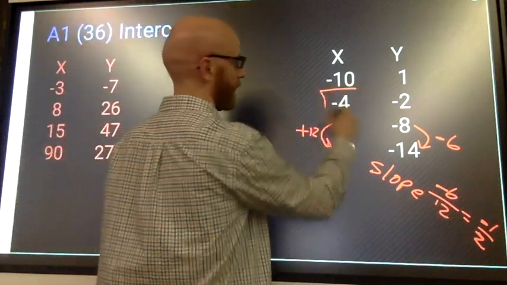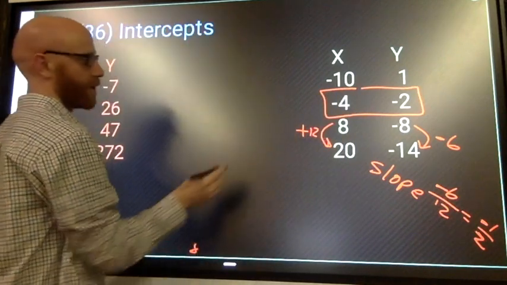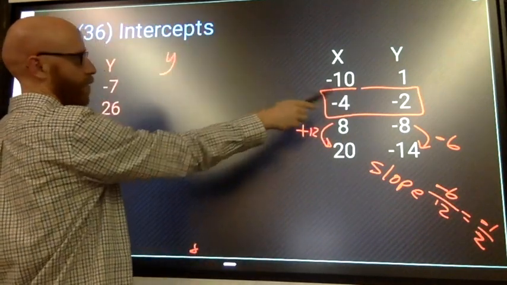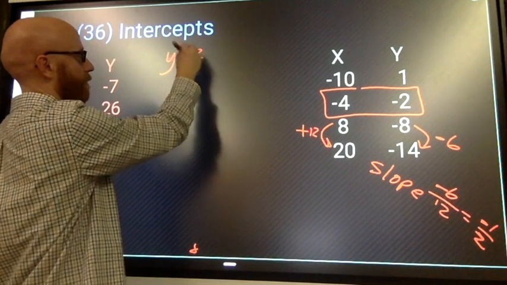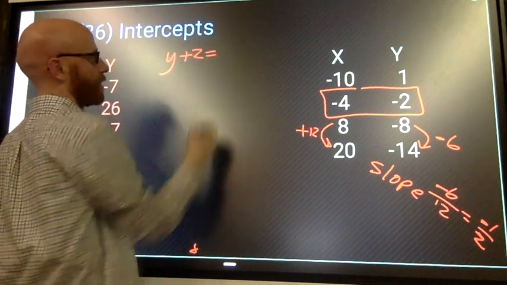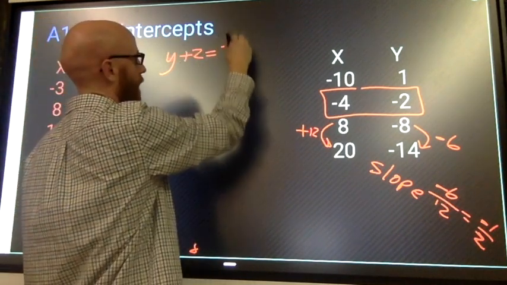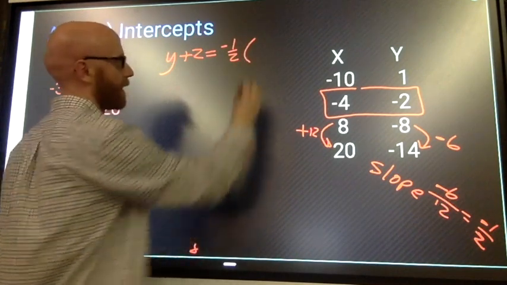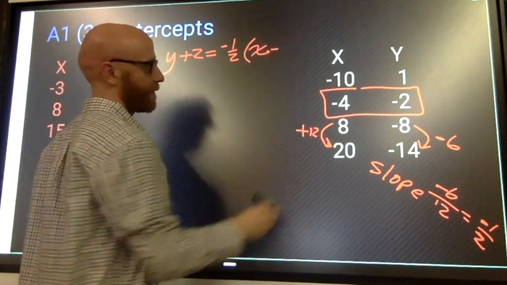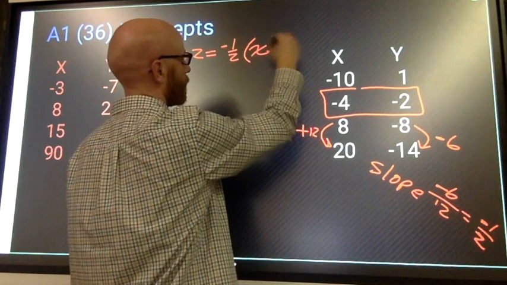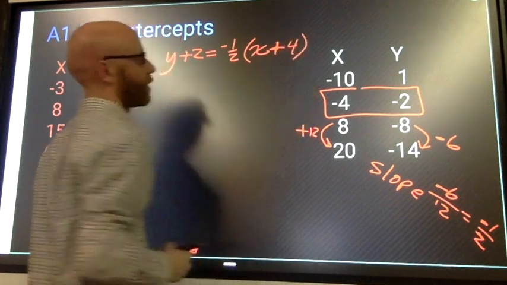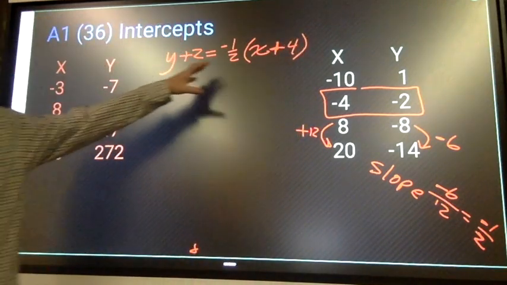Let's use this one, nice and small numbers. Y minus the y value, so minus -2 is +2, equals slope -1/2 times x minus the x value, which is -4, so minus -4 is +4. That's an equation.